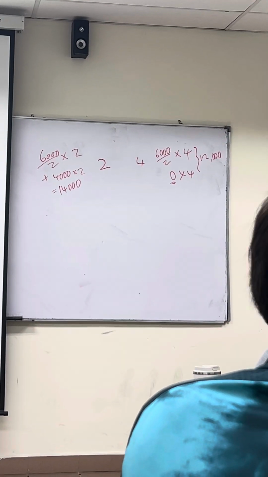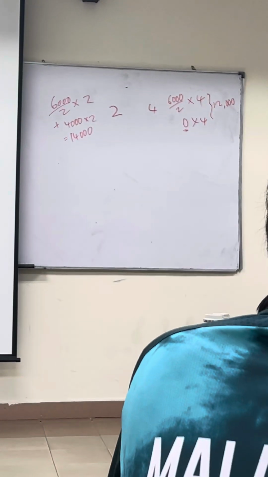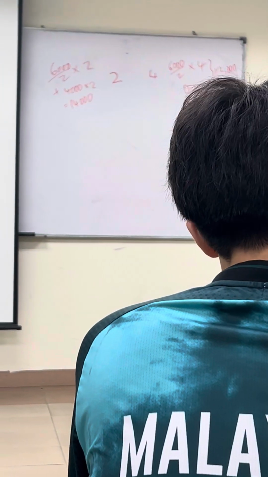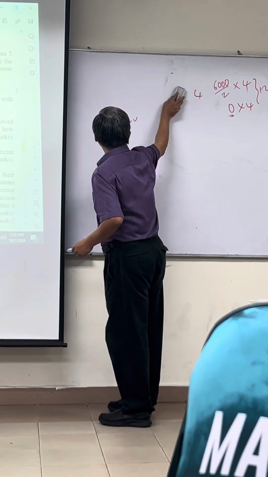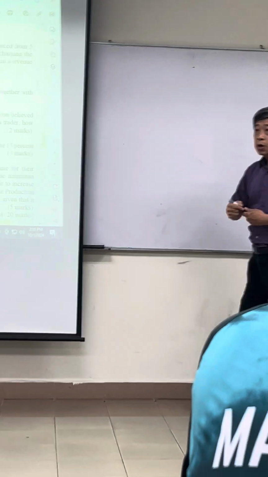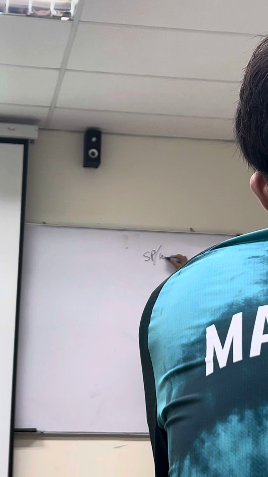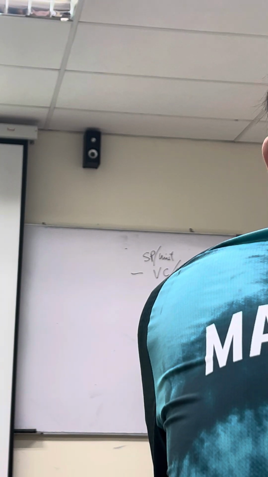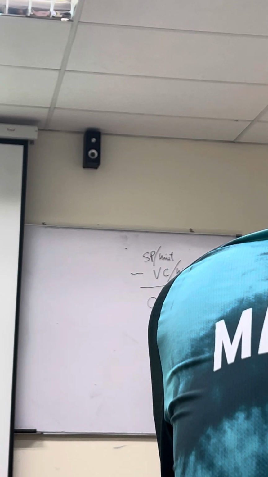Selling price per unit minus variable cost per unit is equal to contribution margin per unit.